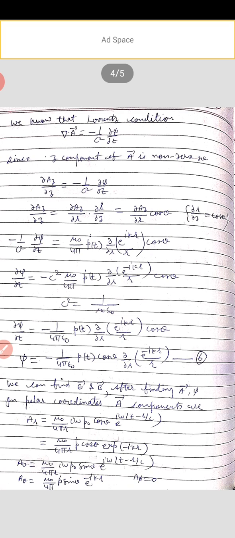So in polar coordinates, vector potential components can be written as Ar = μ0/4π r · iω p0 cos θ e^(iω(t - r/c)), and Ar = μ0/4π r ṗ cos θ e^(-ikr), and Aθ will be equal to μ0/4π ṗ sin θ e^(-ikr), and finally Aφ = 0.